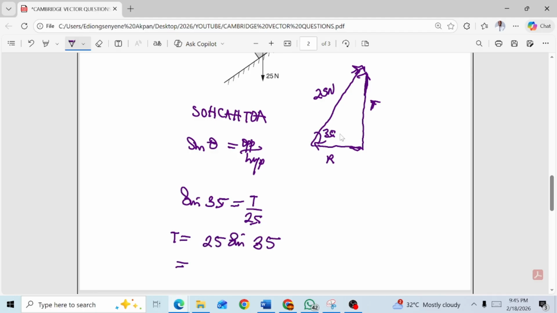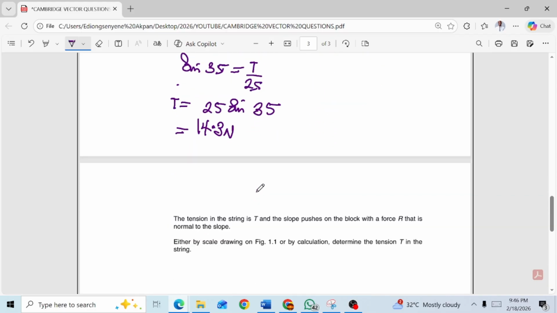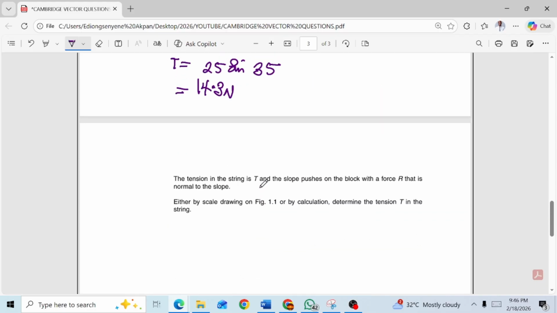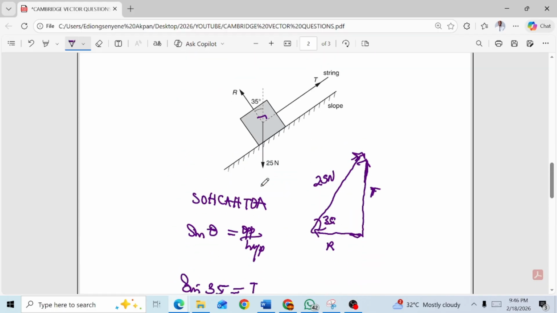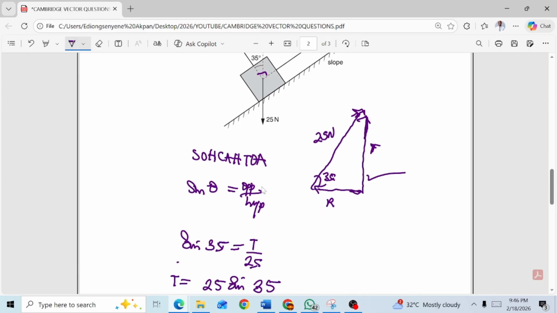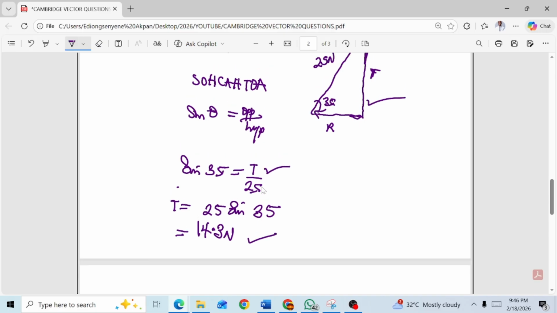And that will give us 14.3 Newton. That is the answer. So what makes it 3 marks? The ability for you to interpret, to get this vector, substitute, and get the final mark.